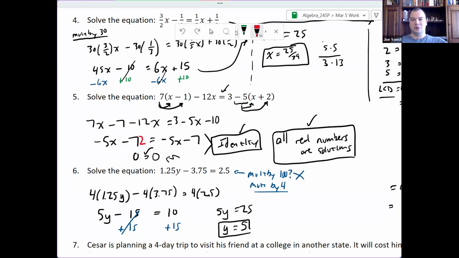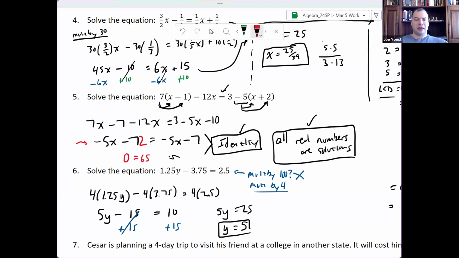Or in this case, what would the next step look like? So if I had, again just as an example, done my simplification and got negative 5x minus 72 equals negative 5x minus 7, if I add 5x to both sides to get the variable term on the left, I end up with 0 equals, and then if I add 72 to both sides, on the right side I end up with 72 minus 7, or 65.